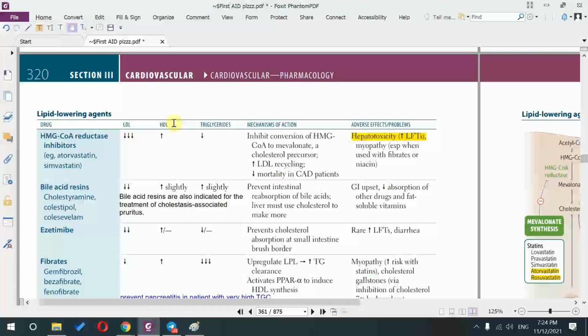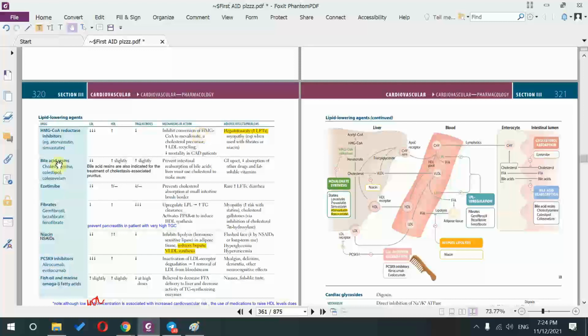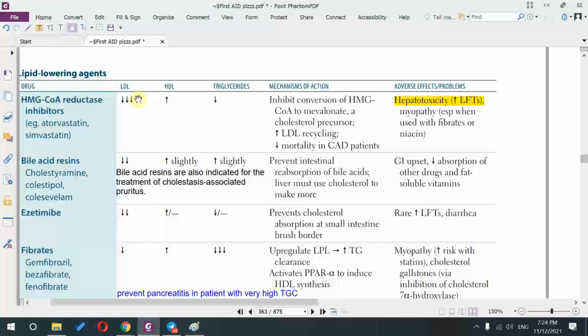Excellent. So you can see here the next thing that says about bile acid resins. And bile acid resins are those that prevent the absorption of bile acids. So they tell you that they decrease the LDL, which is good. So now you need to be really careful, guys. They can slightly increase the triglyceride.